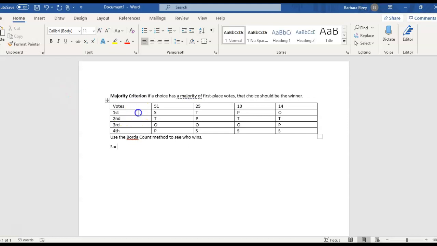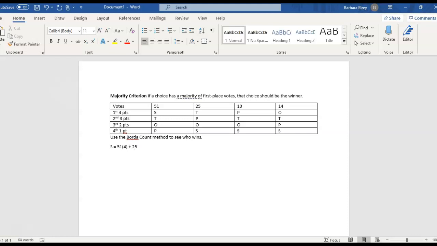Now remember, with the Borda count, this one gets 4 points. This one will get 3 points. This one will get 2 points. And then fourth place will get 1 point. All right, so for the 51 people who voted for S first, they will get 4 points there.